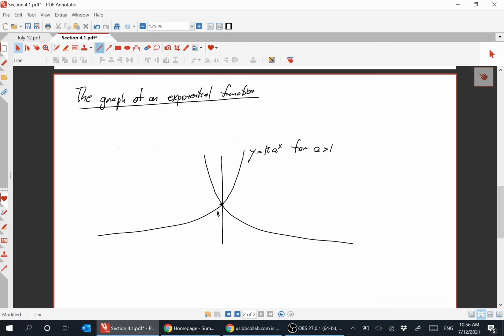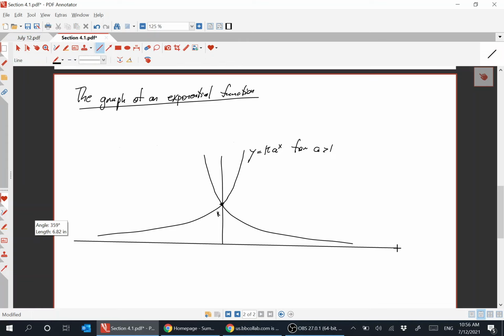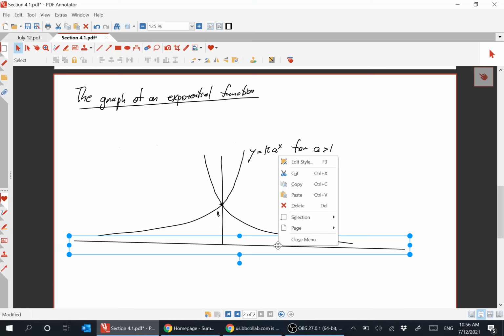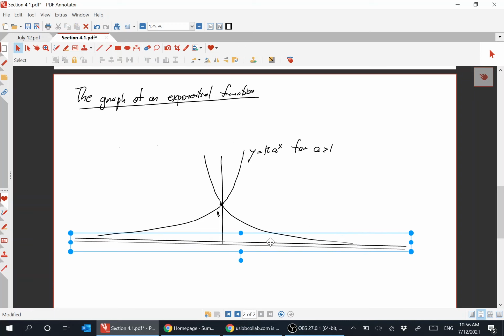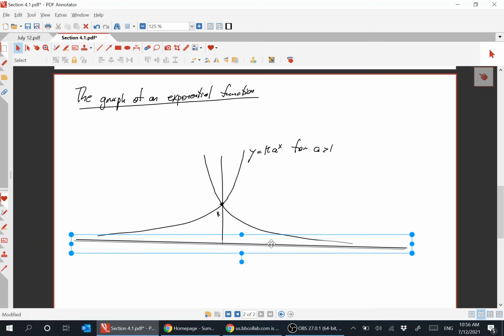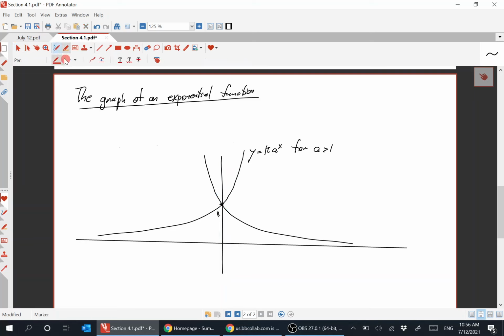So this is y equals k a to the x for a less than 1.